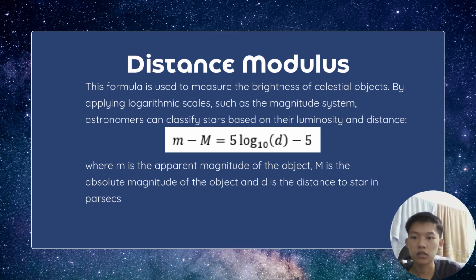The big M is the absolute magnitude, the intrinsic brightness of the object at a standard distance of 10 parsecs, and d is the distance to the star in parsecs.